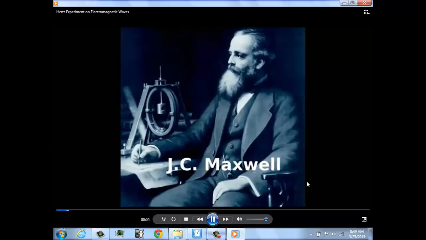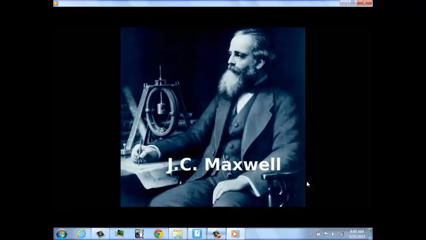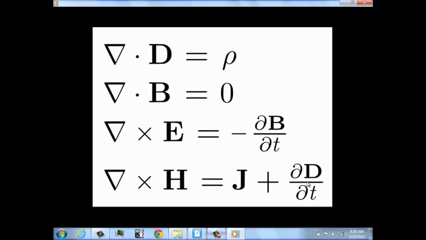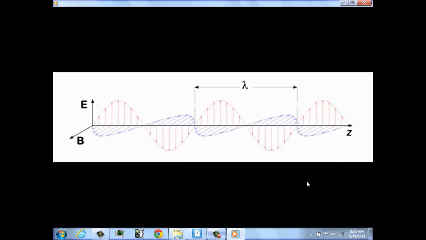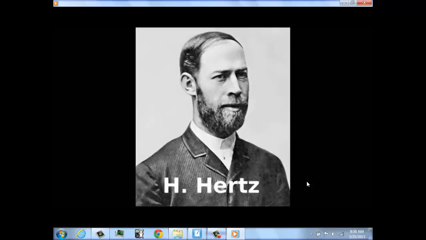Okay. Around 1880, the brilliant scientist James Clerk Maxwell developed the mathematical theory of electromagnetism. His theory predicts that electromagnetic waves propagate through space at the speed of light. Many other scientists of the time were trying to prove experimentally the existence of these waves. In 1887, Heinrich Hertz, a German physicist, designed a series of brilliant experiments to demonstrate Maxwell's hypothesis.